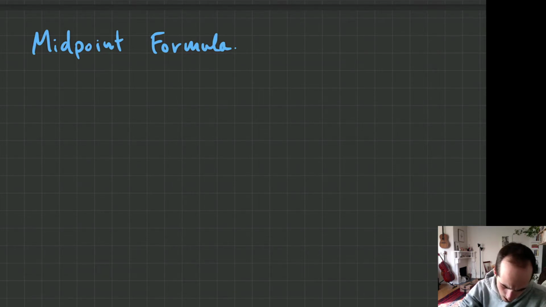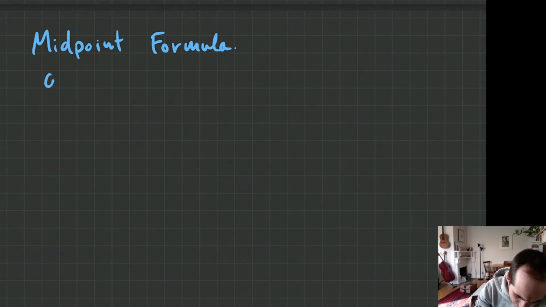Okay, so we're going to talk about the midpoint formula now. The idea of the midpoint formula is it basically does everything that we just did, and it just puts it all into one little formula, which makes it really easy to calculate the midpoint.